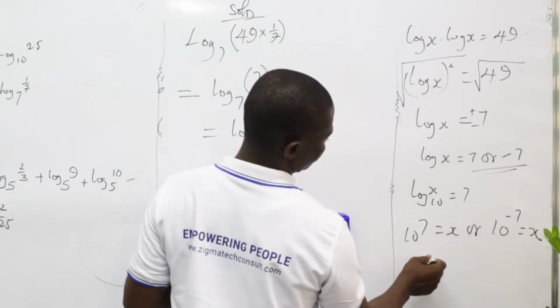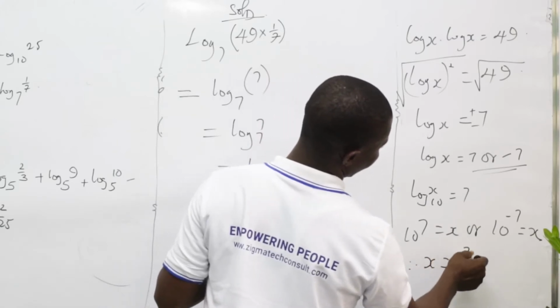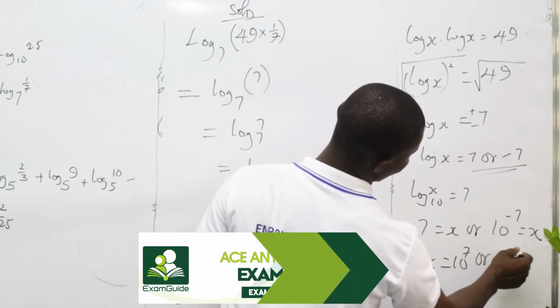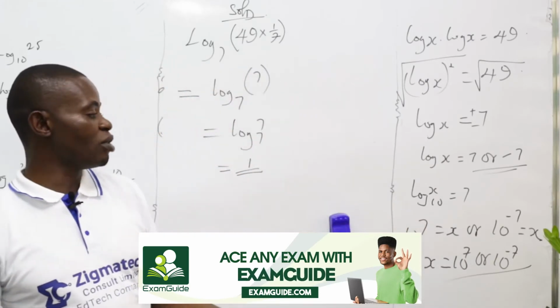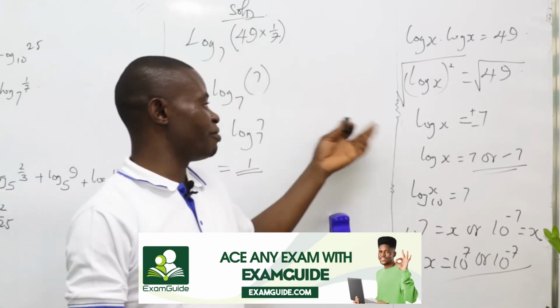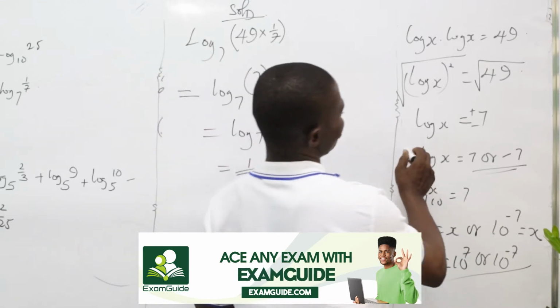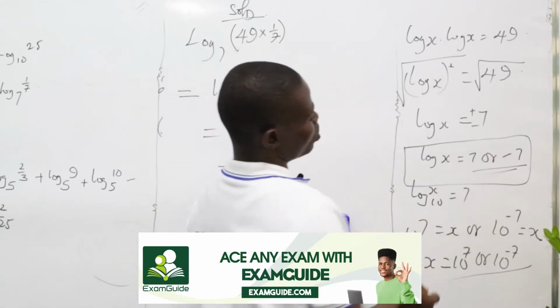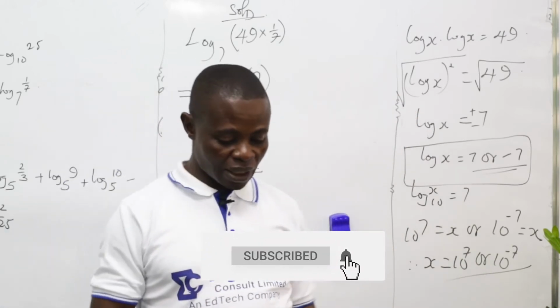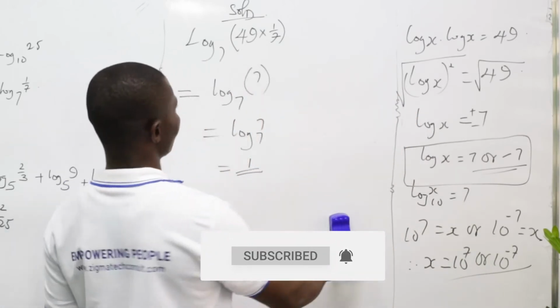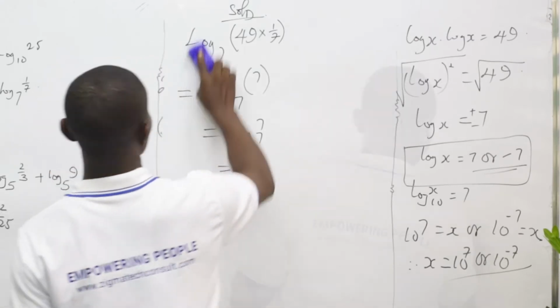So x is either 10 raised to the power 7 or 10 raised to the power minus 7. This is when you are looking for the value of x, but if they just say simplify, your solution should be log x equals who? 7 or minus 7. Let's take a more complex form of this.